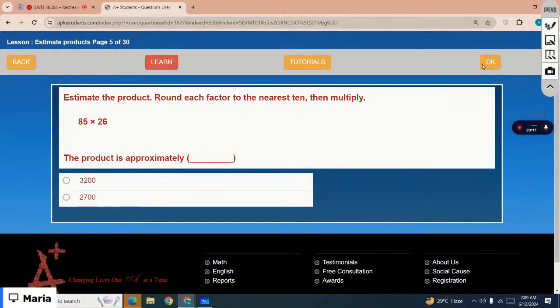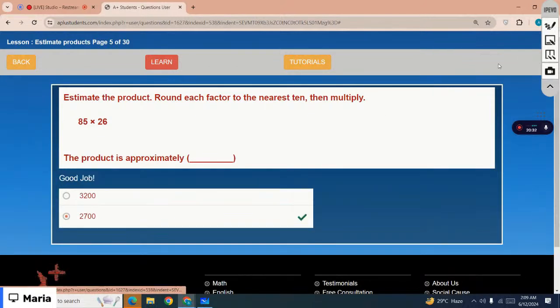So 9 times 3 is 27. The correct option is 2700. Option number 2 is the correct option.